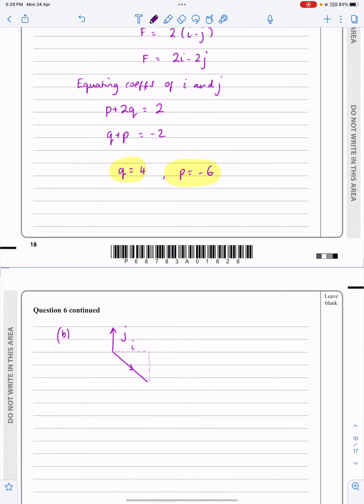And we're going to have alpha being that angle there, but we actually want all of that angle there, which will be 90 + alpha.